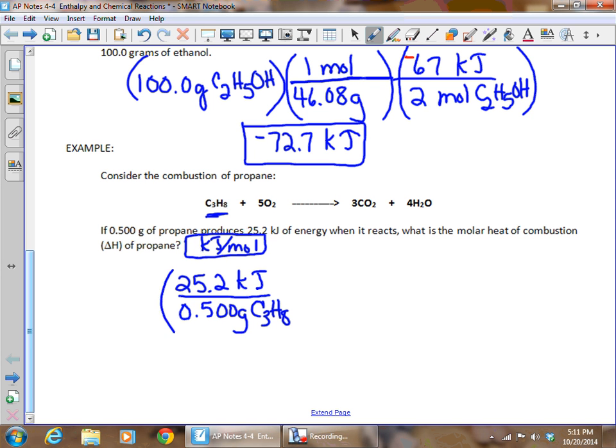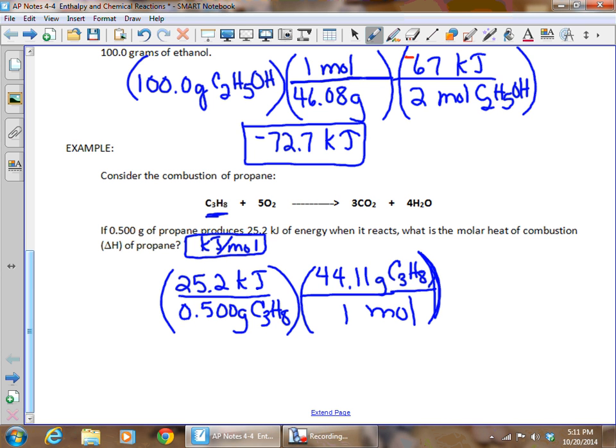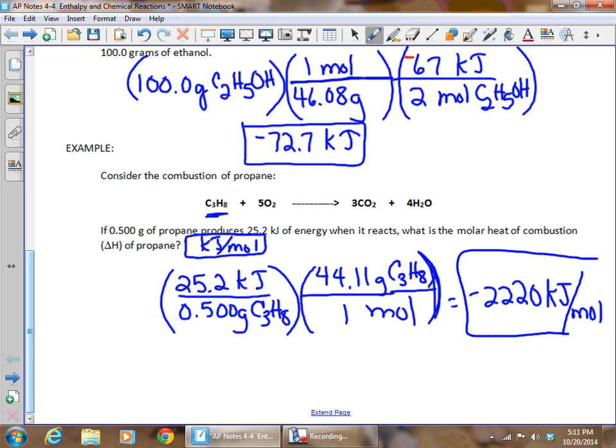So we've got kilojoules per gram right now, and I want it to be in moles, so I look up the molar mass of C3H8, add that up, and get 44.11 grams of C3H8 per mole. And when I multiply that out, I get negative 2,220 kilojoules per mole for this particular reaction.